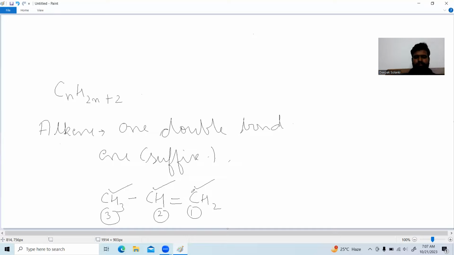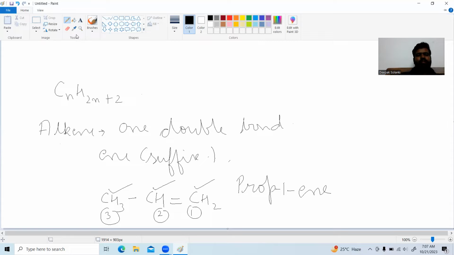So 1, 2, and 3, and as I have told, for 3 carbons we write the prefix prop. In the suffix, the double bond is at position 1, and we write the suffix ene. The name will be prop-1-ene. We can also mention the position if it is different from 1, or we can exclude it.